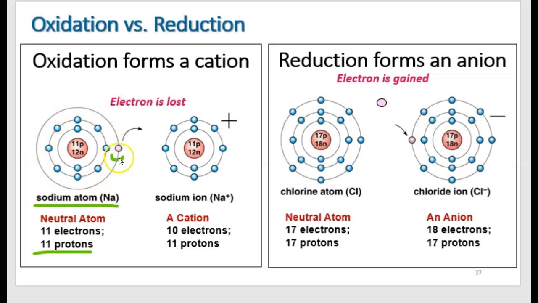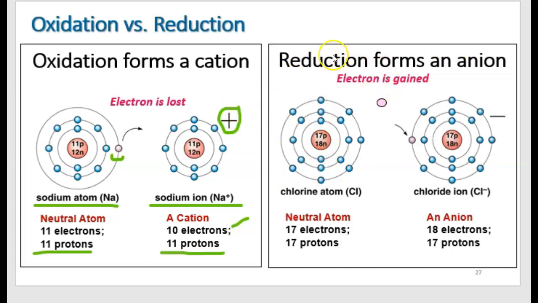So sodium tends to lose this valence electron. When it does so, it becomes an ion because now it doesn't have equal numbers of electrons and protons. There's still 11 protons, but there's only 10 electrons. So this sodium ion is a cation because it's lost a negative charge and it has become positive.